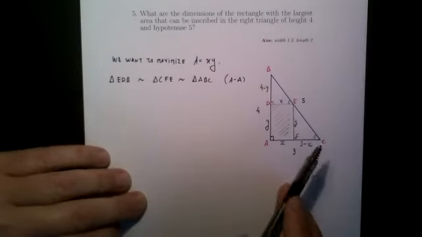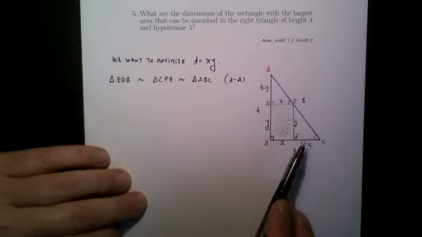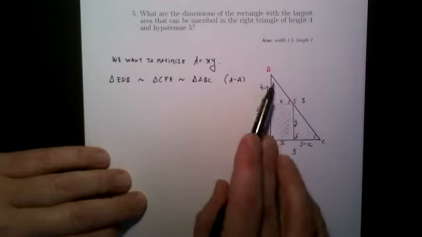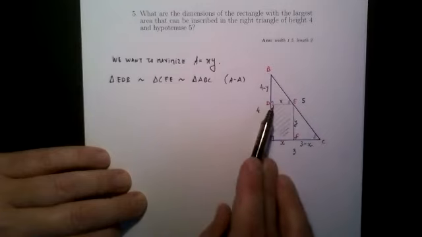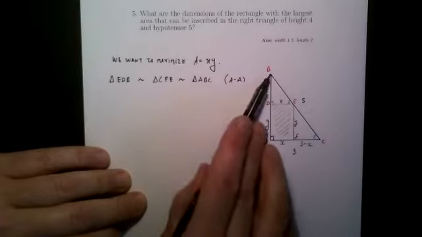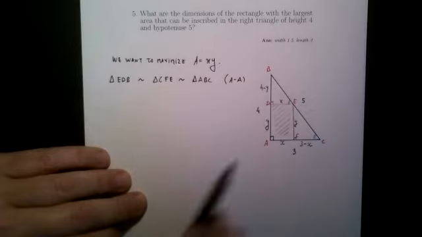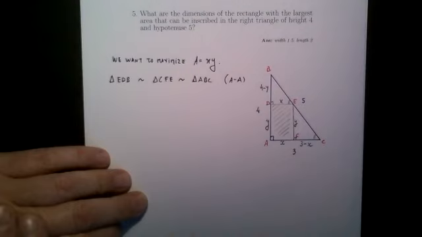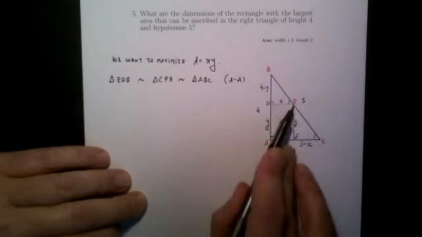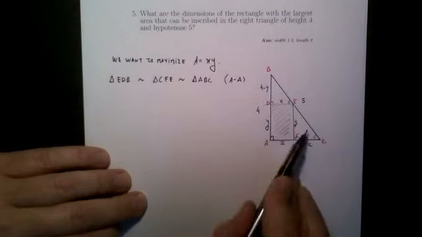So since they're similar, that means that the sides are proportional. And therefore, if I do, for example, this triangle, the small one here and the big one, I compare the sides. So x over 3 is the same thing as 4 minus y over 4. Okay, or I could do the same thing here. 3 minus x over 3 is the same thing as y over 4. I'll do this triangle.